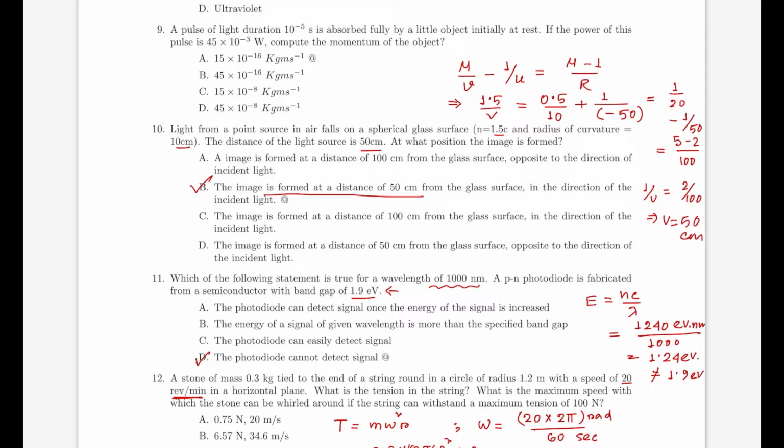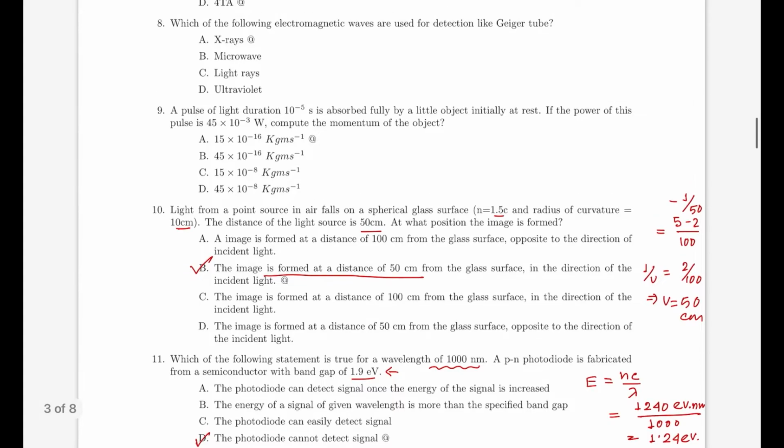Now question 9 says that a pulse of light of duration 10 to the power minus 5 seconds is absorbed fully by a little object initially at rest. If the power of this pulse is given, we compute the momentum of the object.